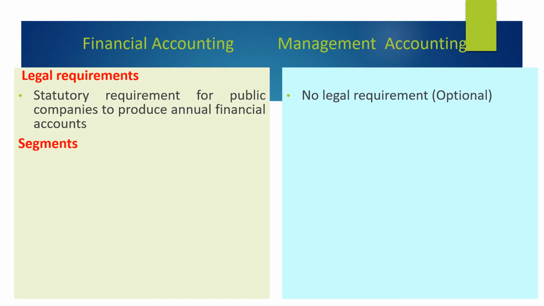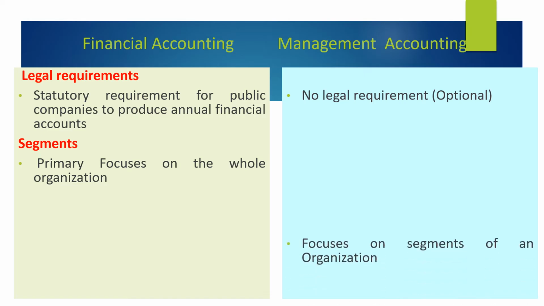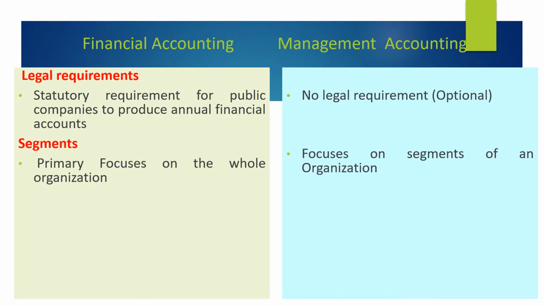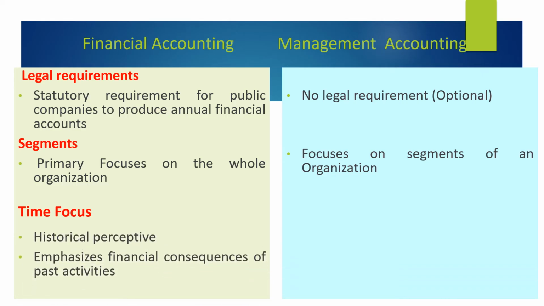When it comes to segmenting, financial accounting primarily focuses on the whole organization. However, a management accountant can prepare management accounting for different segments of the organization. When it comes to time focus, financial accounting has a historical perspective.